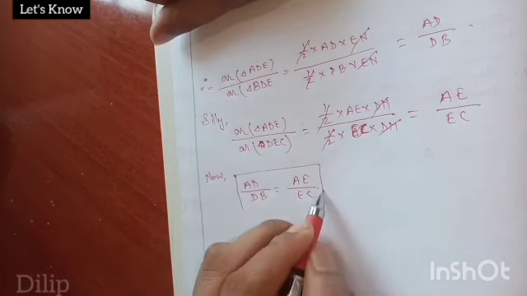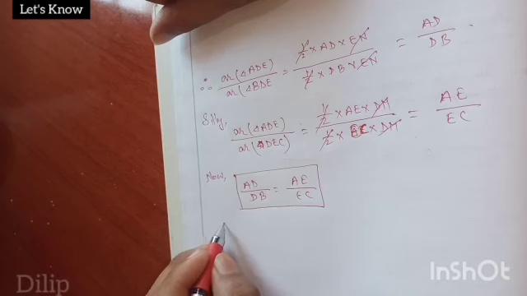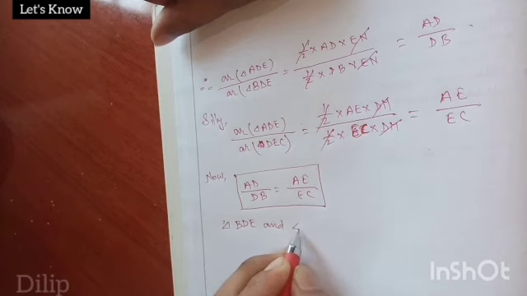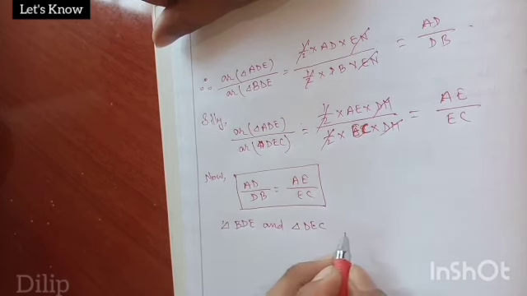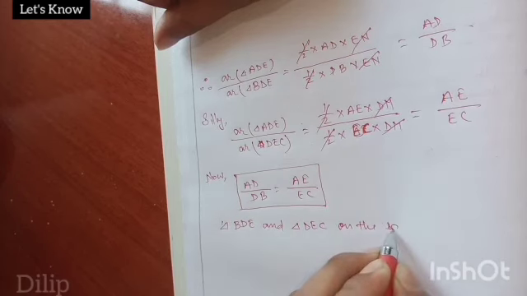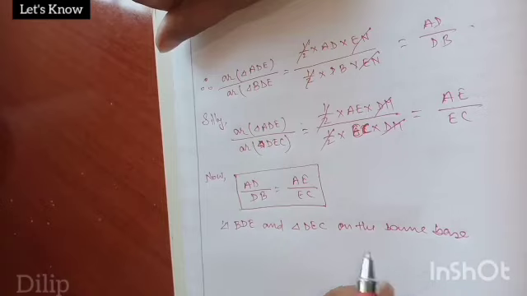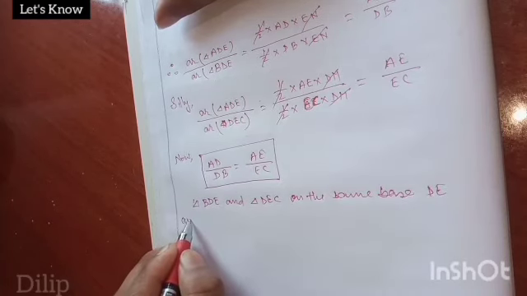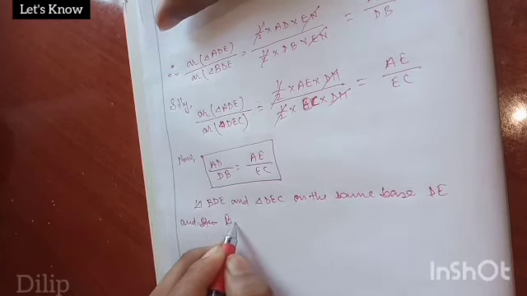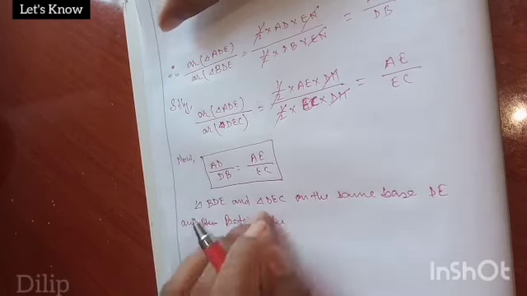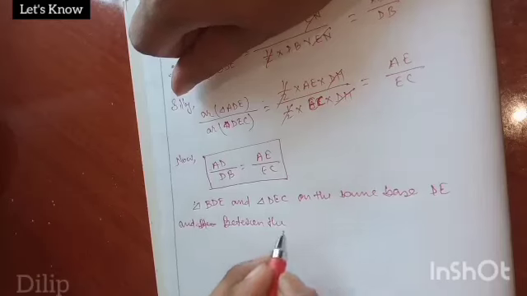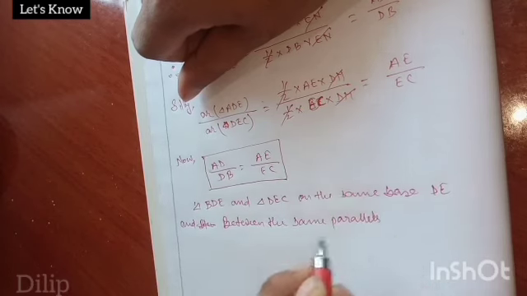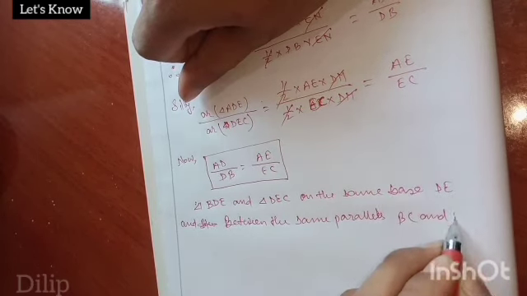So one reason is there: triangle BDE and triangle DEC are on the same base DE, you can see the figure, and between the same parallels BC and DE.